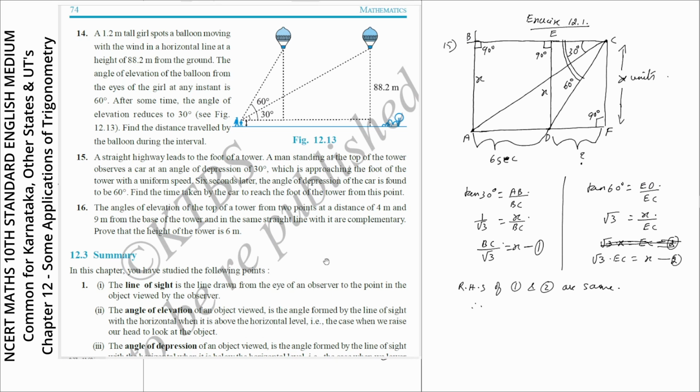That means I can equate the left hand side, that is BC by root 3 is equal to root 3 into EC. Now if I cross multiply, I will get BC is equal to root 3 into root 3 into EC. What is root 3 into root 3? Root 3 into root 3 is just 3, so 3 EC. So BC is equal to 3 EC. This I will mark as 3.